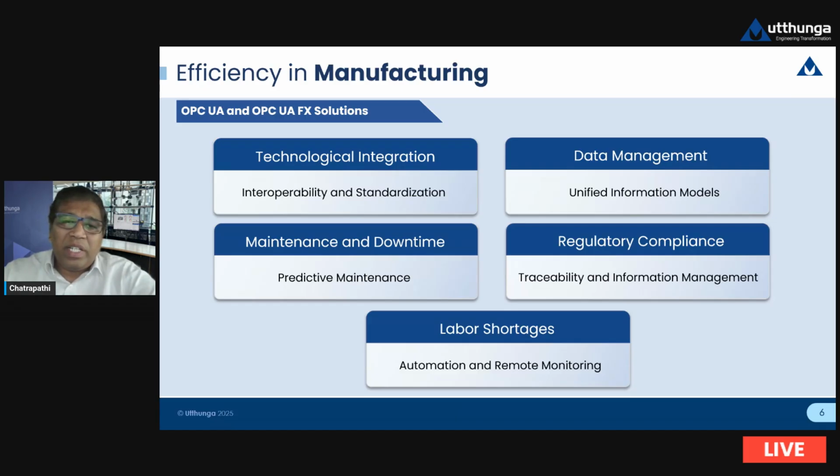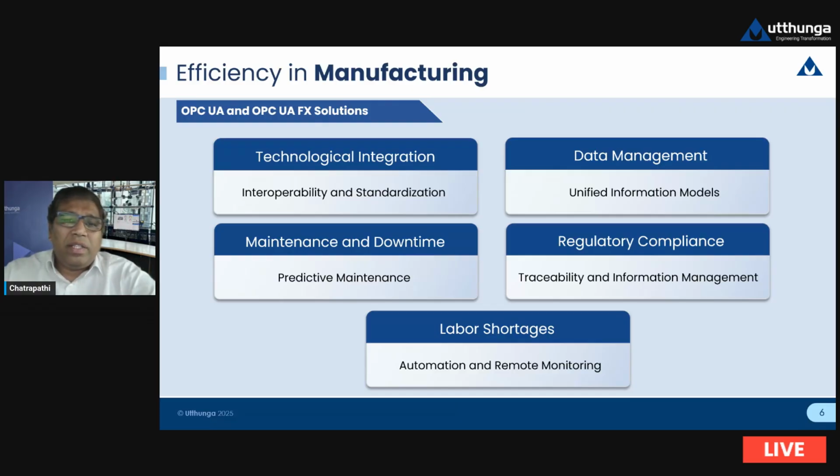More than data, you would need rich information. This is where a lot of work has already been done by the OPC UA Foundation, its members, and several other organizations in standardizing information models for several different applications.